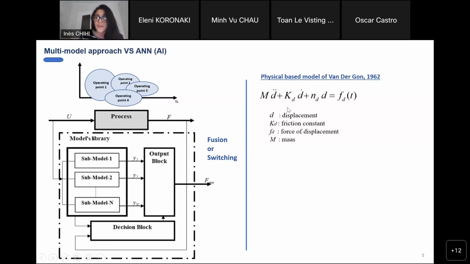For the first estimation, we can have, for example, a physical model, a very simple linear model. As a first application, we can have in the library three models, for example, each one representing an operating point according to this model. For the first submodel we can have mass 1, for submodel 2 mass 2, and mass n for submodel n.